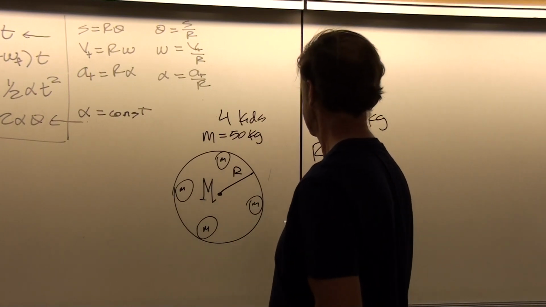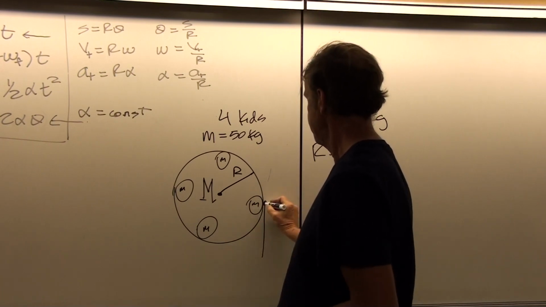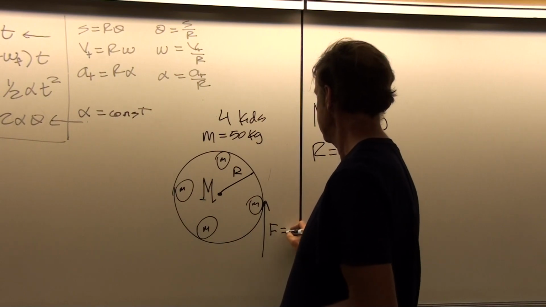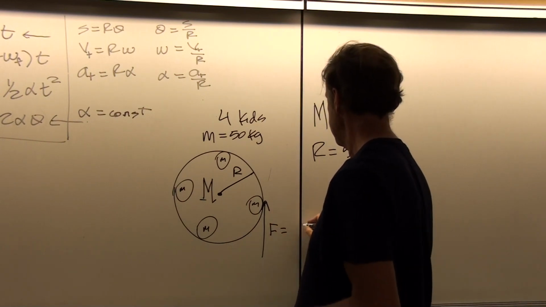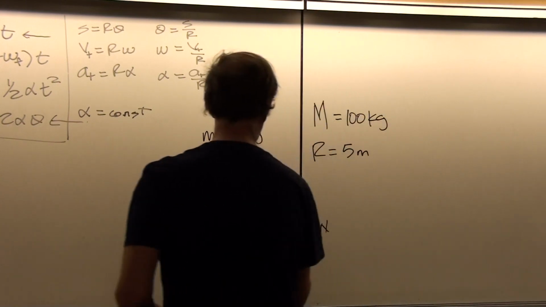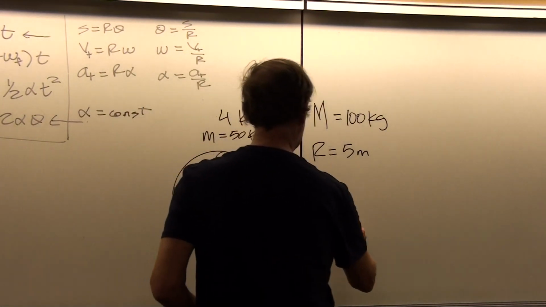And so let's say that we have an adult that is pushing with a constant force equal to 100 newtons, in a tangential direction, always, and we'll keep that constant.